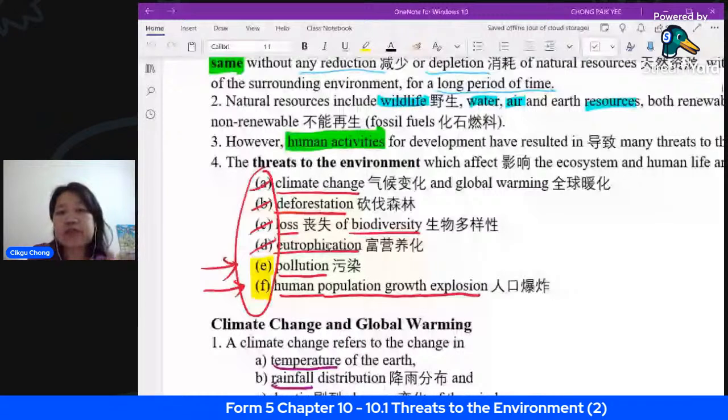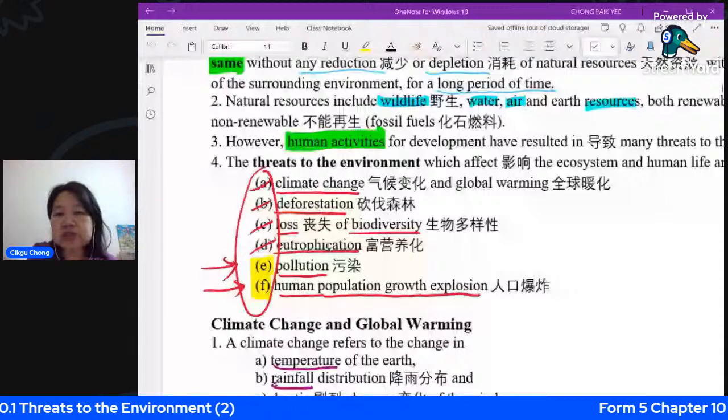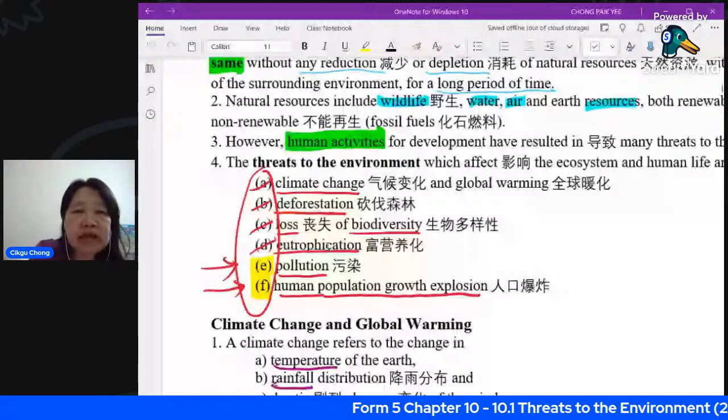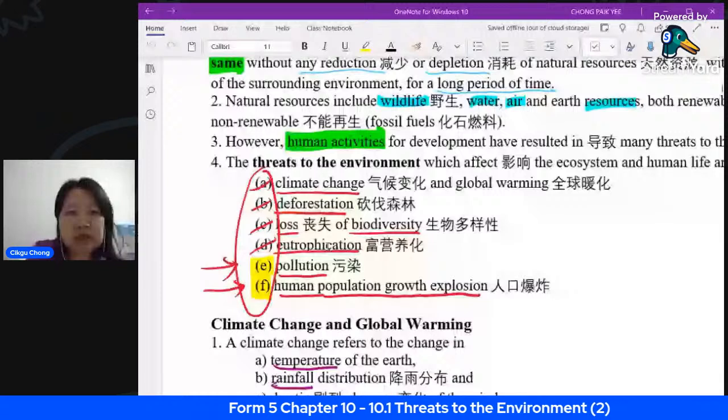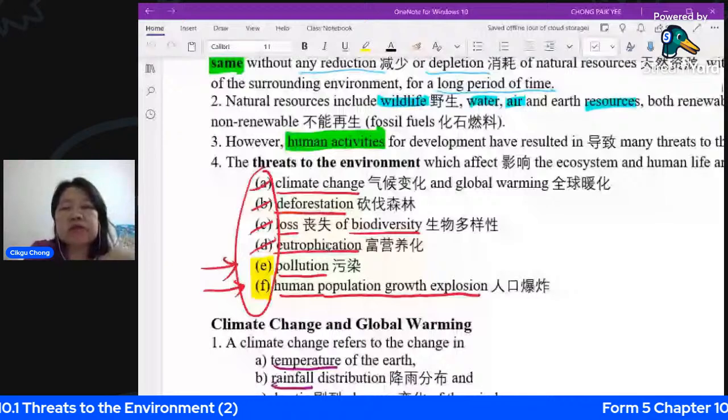That includes the plants and the animals, the flora, the fauna, and also the abiotic component, meaning the environment. So everything is included in here.